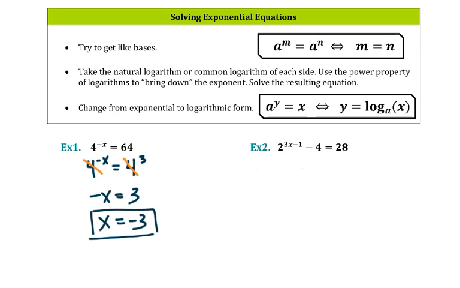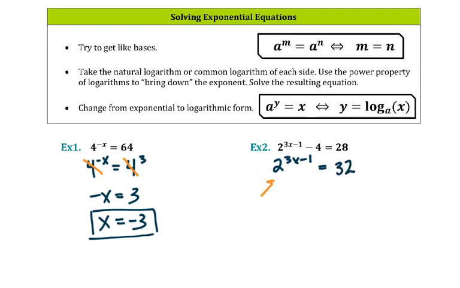Okay, example 2. 2 to the 3x minus 1 power, minus 4, equals 28. So in this situation, I'm going to rearrange a little. I'm going to add the 4 to both sides of the equation. So I've got 2 to the 3x minus 1. If I add 4 to 28, that gives me 32.